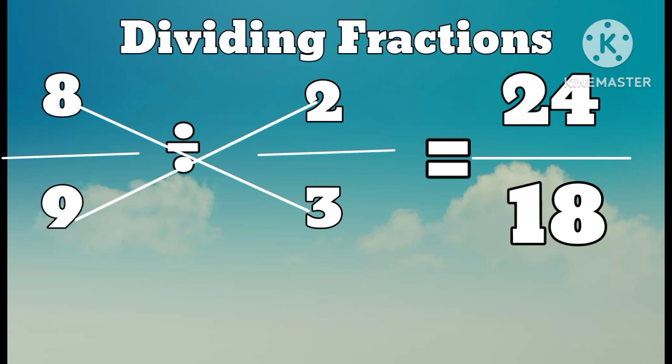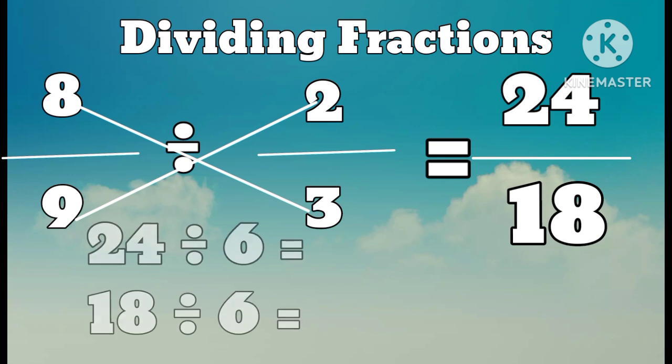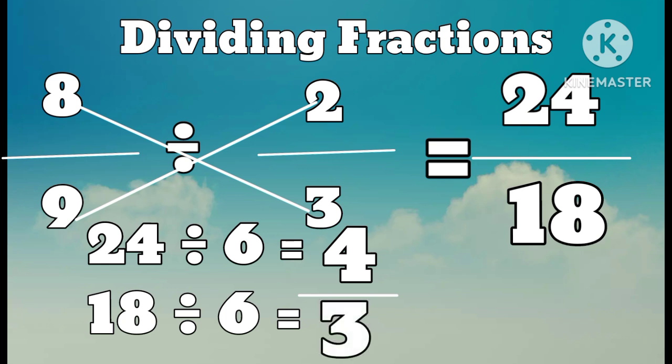No. 3? No. 6? Yes. The answer is 6. So we divide both the numerator and the denominator by 6. 24 divided by 6 is equal to 4, and 18 divided by 6 is equal to 3. So our answer for 8 over 9 divided by 2 over 3 is 4 over 3.